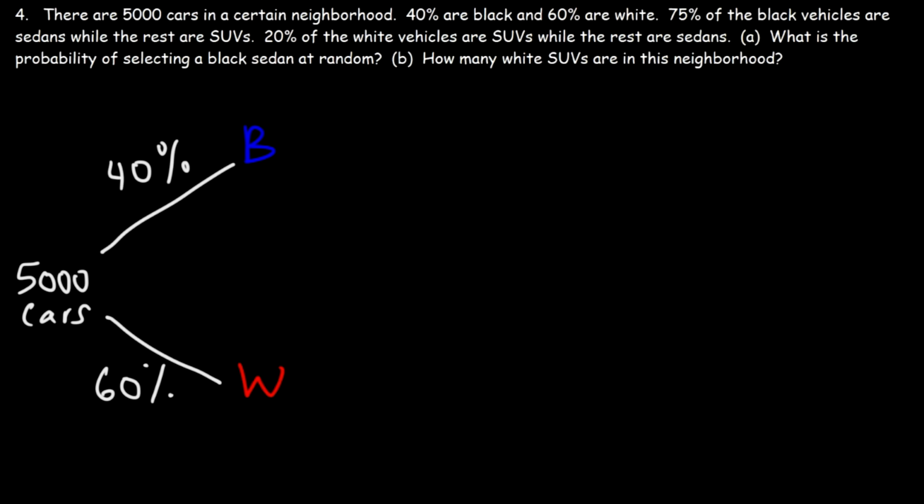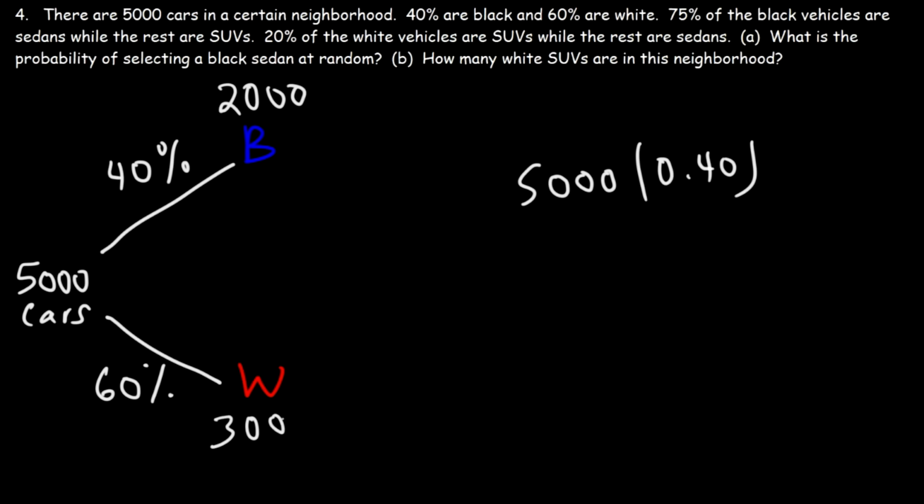So what is 40% of 5,000? 40% of 5,000 is basically 0.40 times 5,000. And so that's going to be 2,000. So there's 2,000 black cars. 60% of 5,000 is 3,000. So we have 3,000 white cars in the neighborhood.